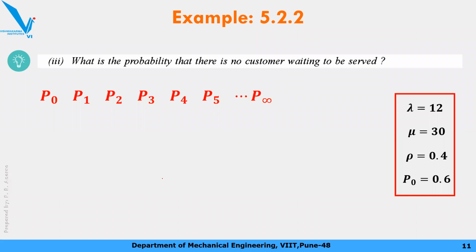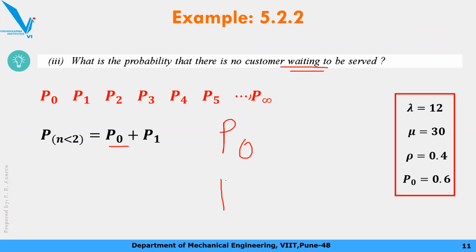मतलब क्या कैलकुलेट करना होगा आपको? So the probability of no customer waiting to be served, that means probability of zero customers. ये भी केस है, right? No one is waiting. If there are zero customers present in the system, that means no one is waiting.